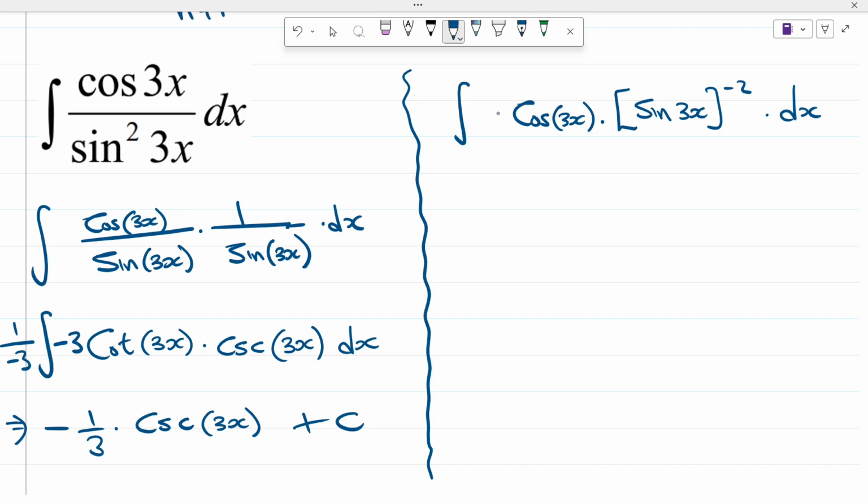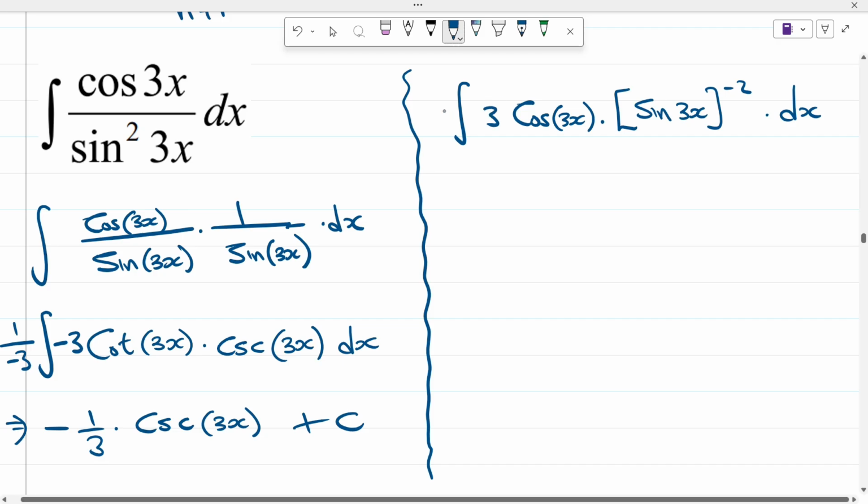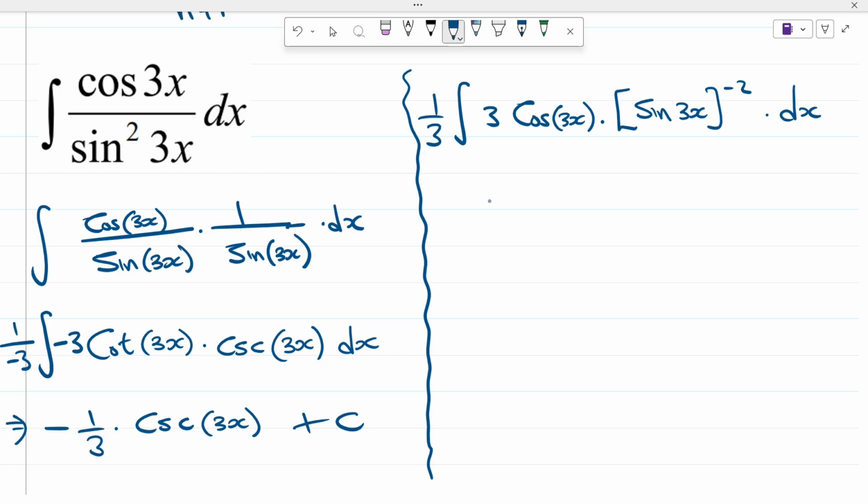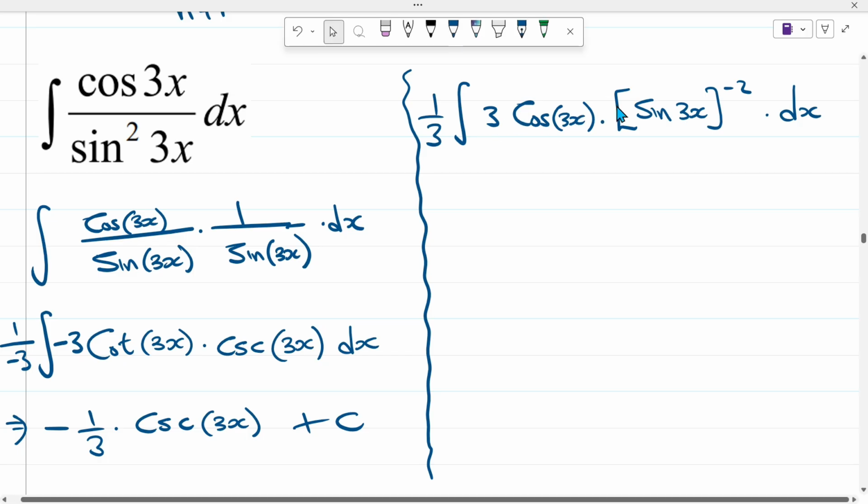But then outside there we do have cos of 3x, we just don't have a 3, so we need to cook that 3 so that this becomes fully our derivative of sine 3x. Then from there we can see that 3 cos 3x is the derivative, so we can use our general power rule.